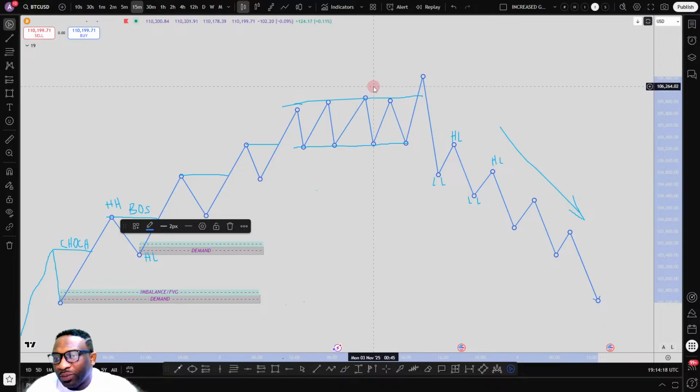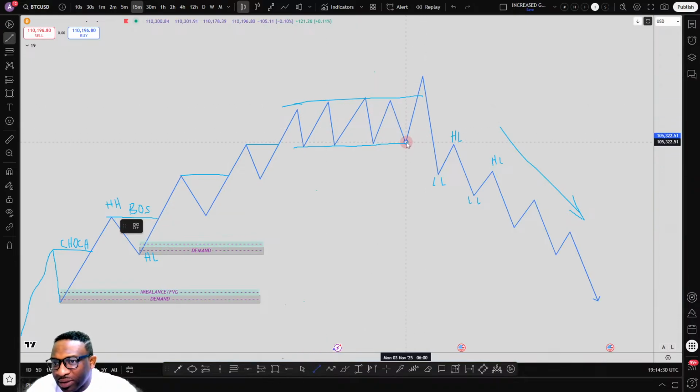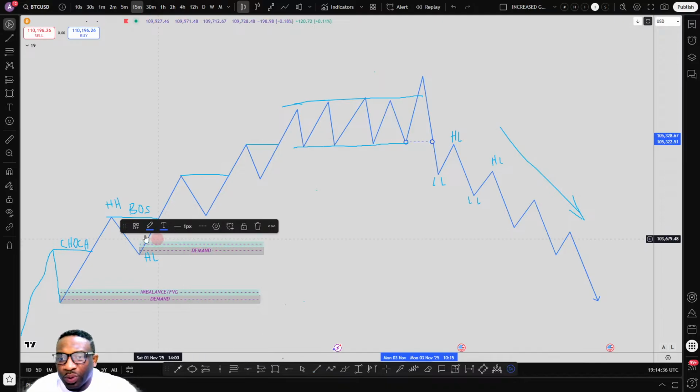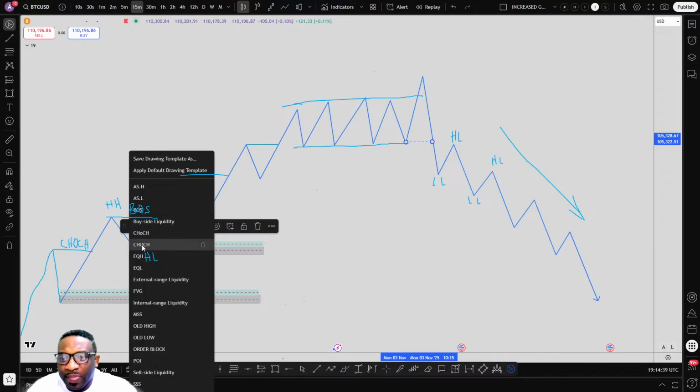So once we clear the liquidity, we want to see a down push. The down push began where we took out the most recent low here, causing another break of structure. So this being the first one, we'll call it change of character.